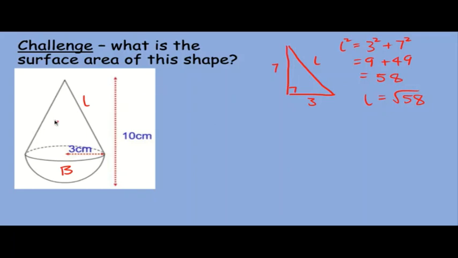So we're going to call that section A, aren't we? The surface area of section A, remember our curved section is just pi times r times our slant height, so root 58. I'm going to just leave that as it is for the moment.